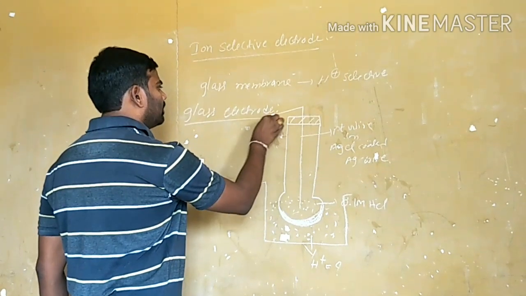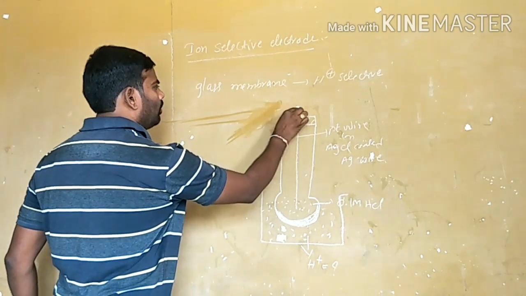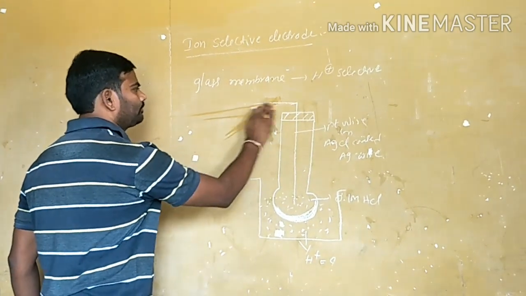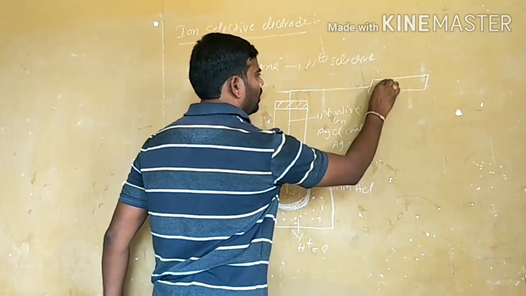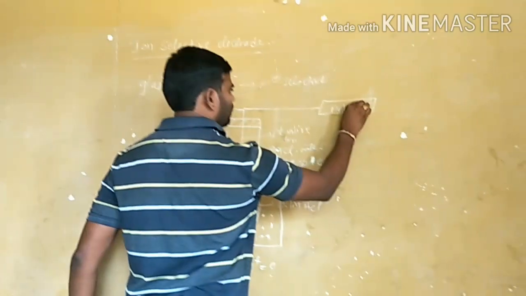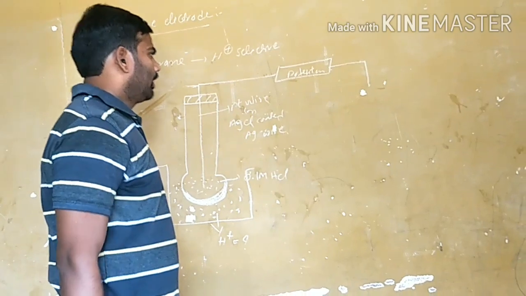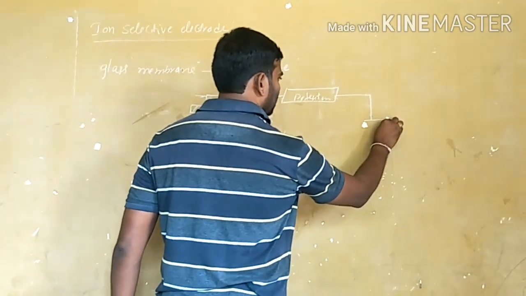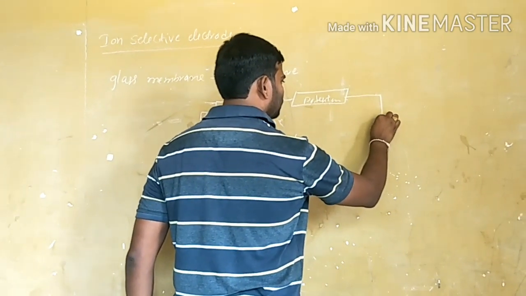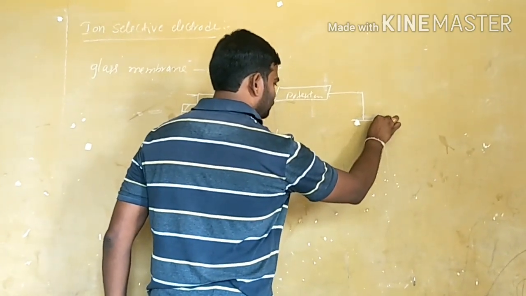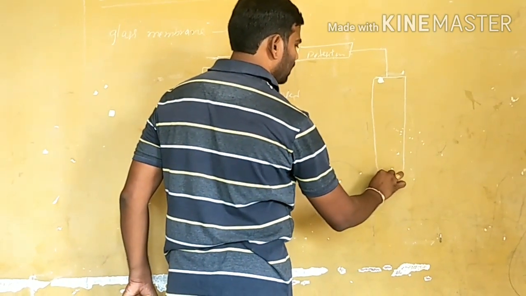the glass electrode is coupled with a potentiometer and a reference electrode. The reference electrode we are taking here is the saturated calomel electrode. We have already discussed the saturated calomel electrode.